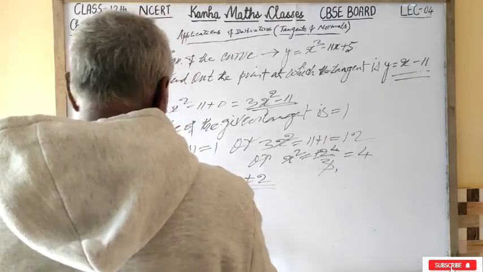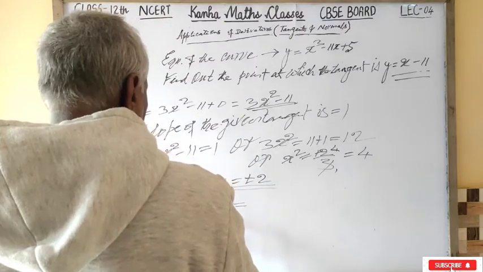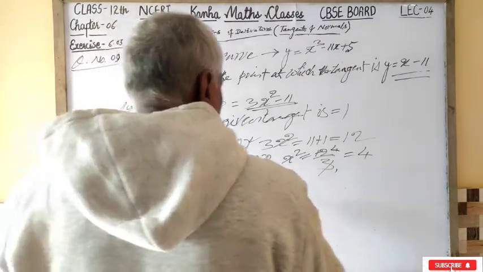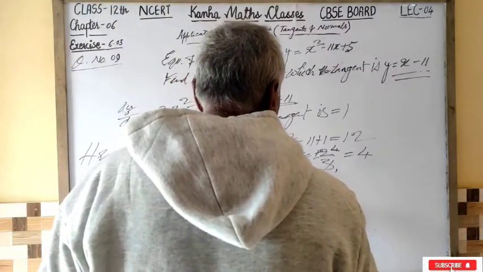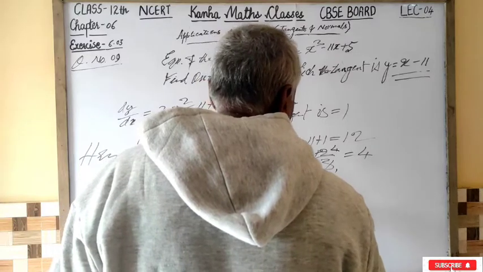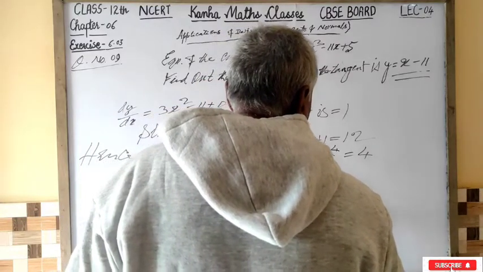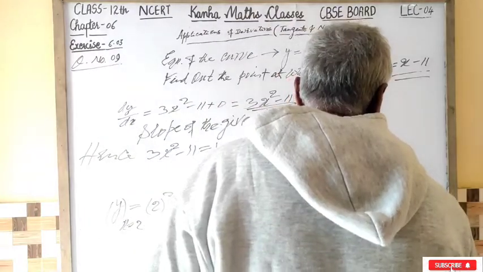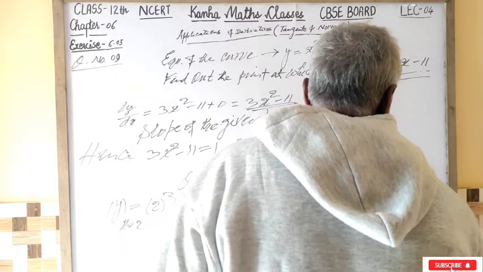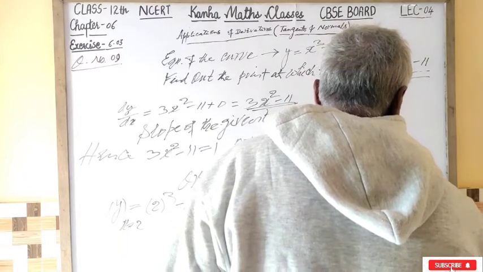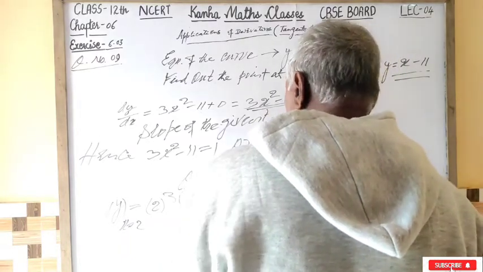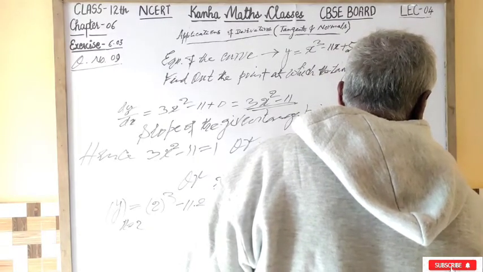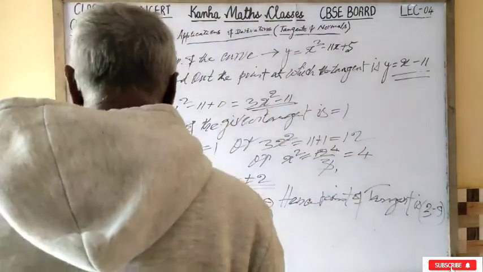This will be 8 plus 5, 13, minus 22, means minus 9. Hence the point of tangent is 2, minus 9.